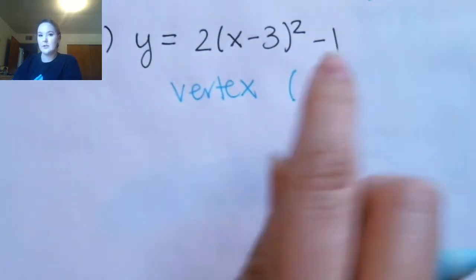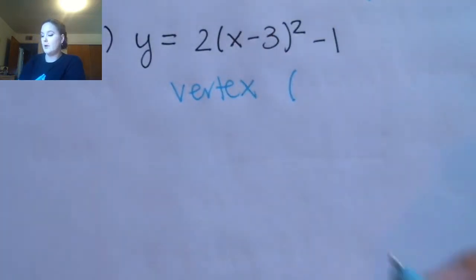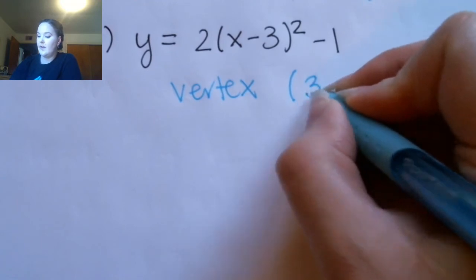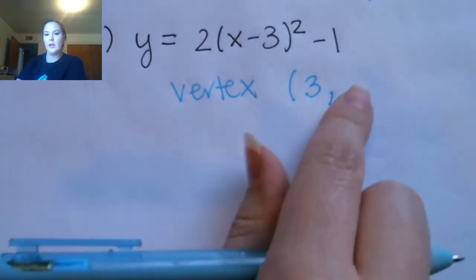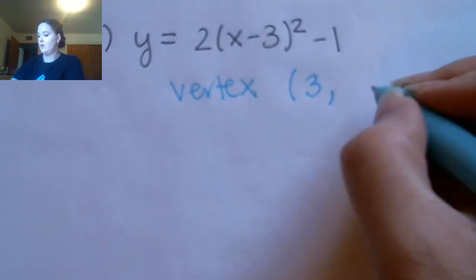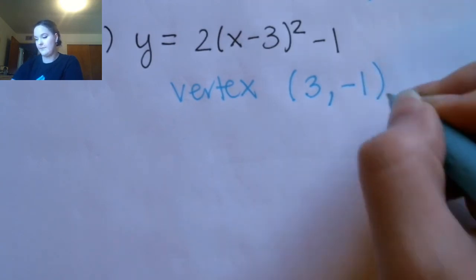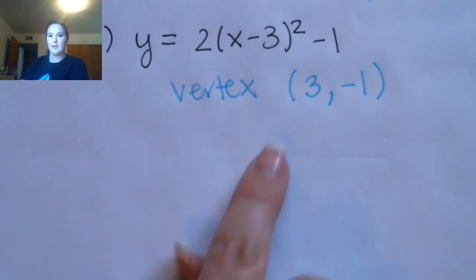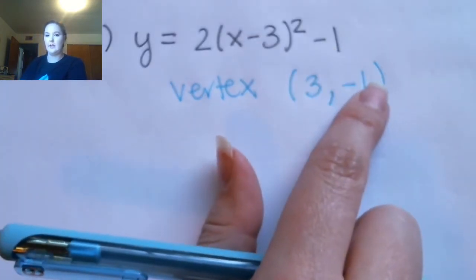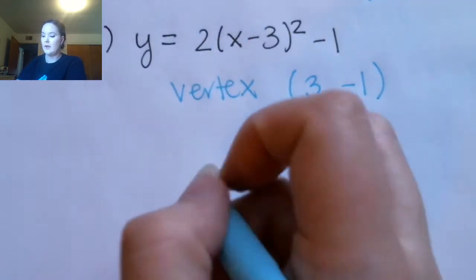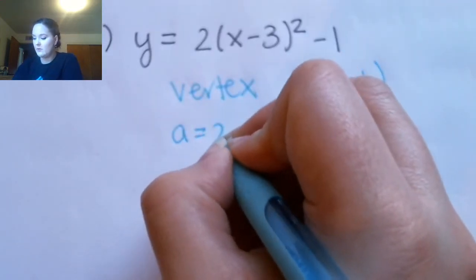The x part is this number, but with the opposite sign. So instead of -3, I have +3. And then here's the y part of the vertex. So 3, -1. Now I have that a is 2.